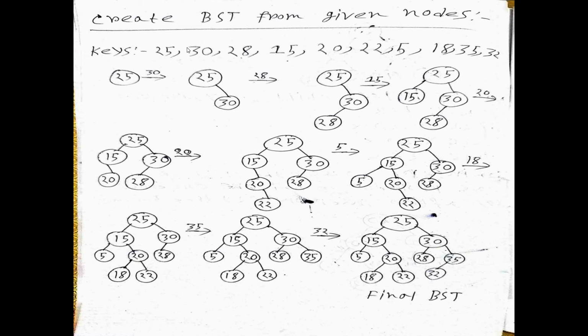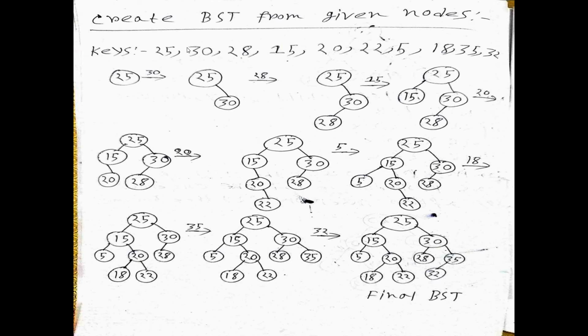Again I repeat, we are taking the elements one by one. If the element is smaller than the root, go to the left child or left subtree. Otherwise, if the element is larger than the root, go to the right child or right subtree. This is the procedure. We can follow this rule.